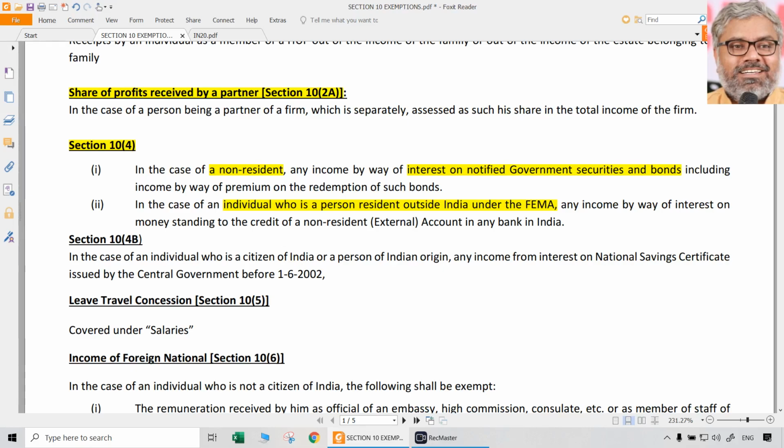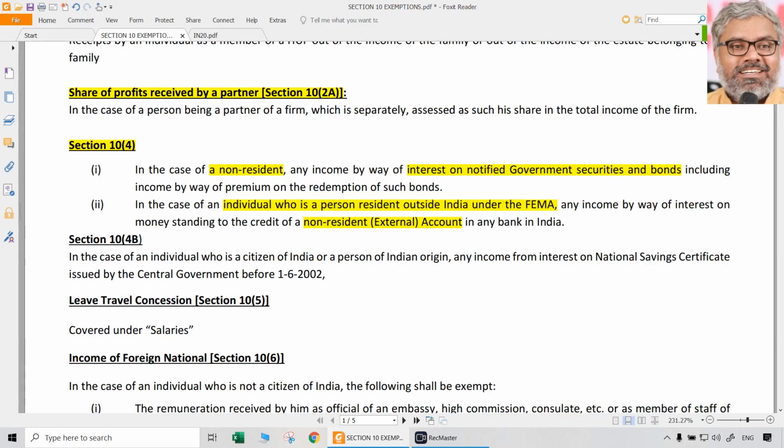Any income by way of interest on the money that is standing to the credit of a non-resident external account in any bank in India is exempt. The non-resident Indians, popularly called NRIs, there is no definition for it, it is general usage. But definitely, most of the non-resident Indians will have some NRE account in any bank in India. That is called a non-resident external account.